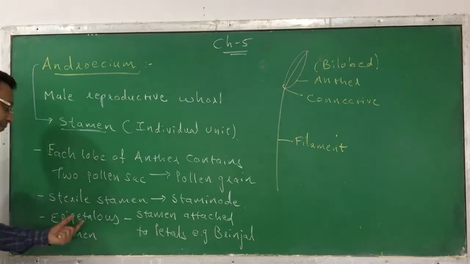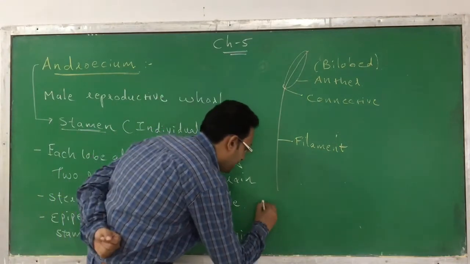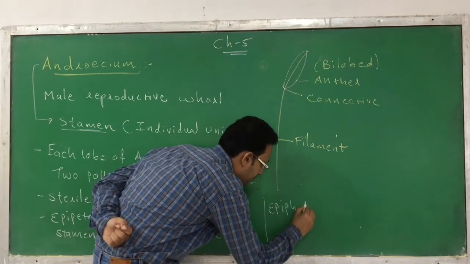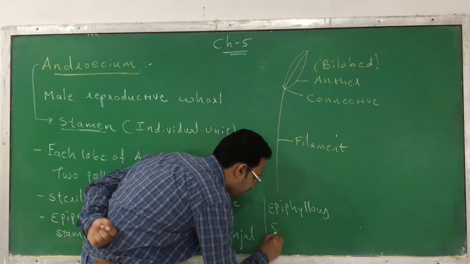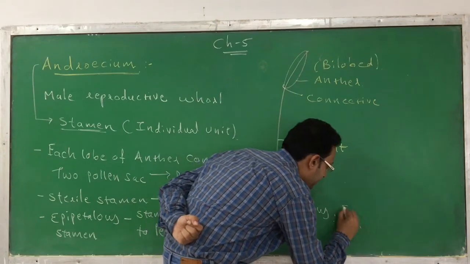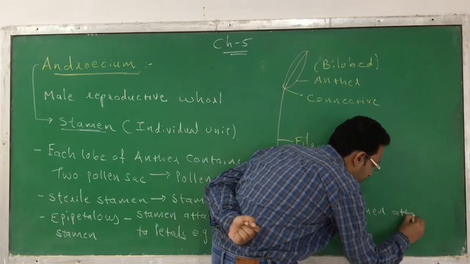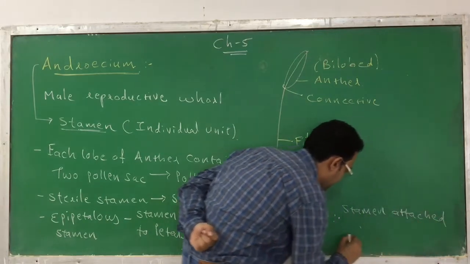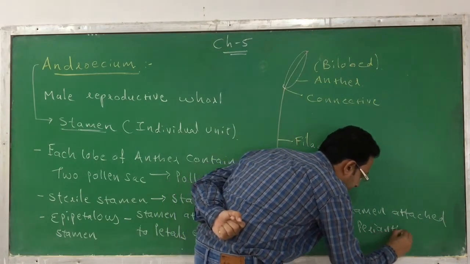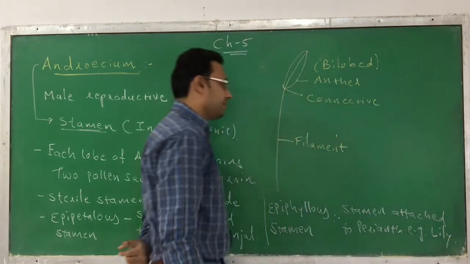Even sometimes, instead of petals, they have a perianth. Such a stamen which is attached to the perianth is called an epiphyllous stamen. Epiphyllous stamen means a stamen attached to the perianth. Such a stamen you can find in a plant called lily.